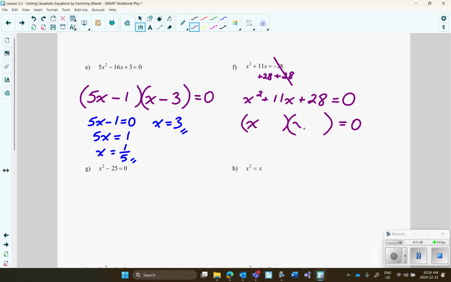X and x. Plus 7, plus 4. Therefore, my answers, what makes this 0? -7 is an answer. What makes this 0? -4 is an answer.